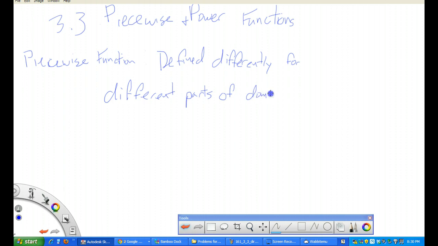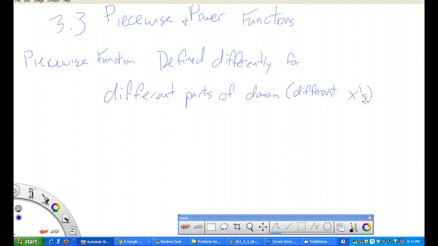Alright, and remember, domain, that's your x's. So that means when we split up the x's, sometimes we get a different way to get the y's.